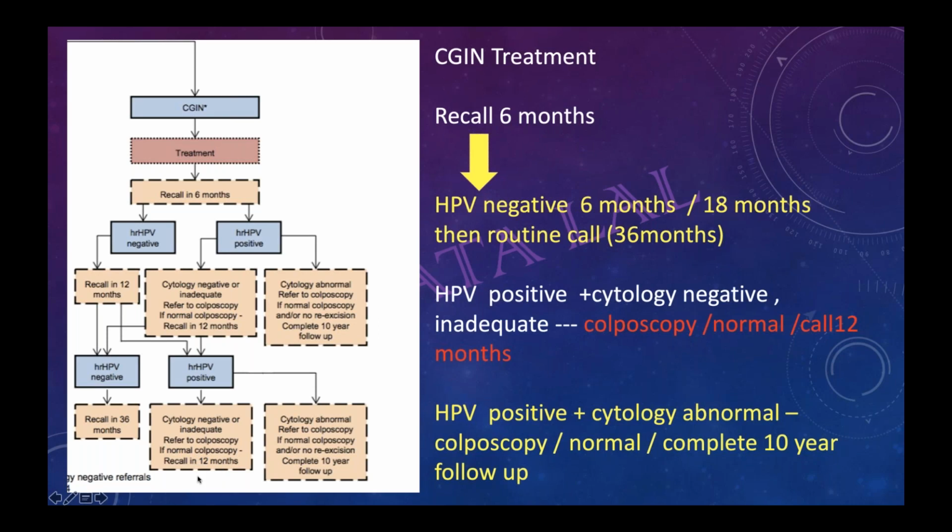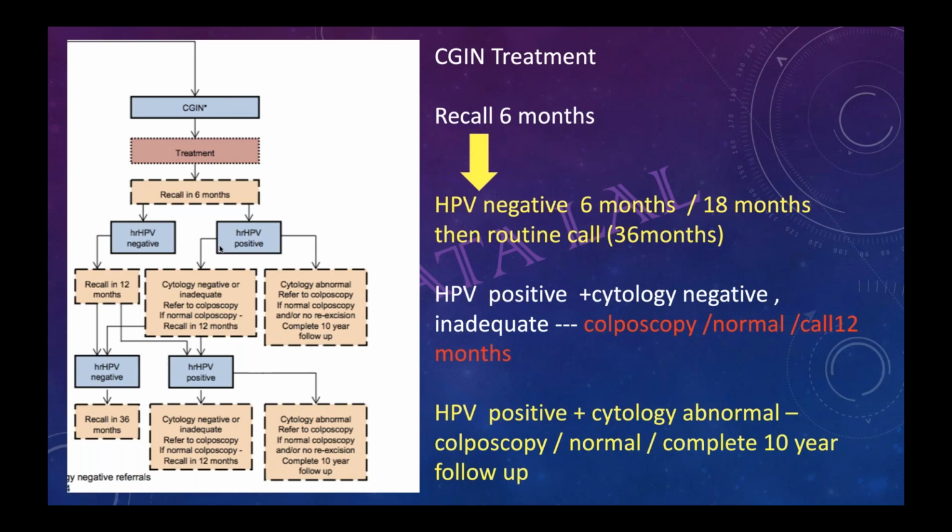So this process: they say that HPV usually takes up to 2 years to become negative. So if it is coming positive and the cytology is negative, you can suspect that you will get a normal colposcopy. If the colposcopy is normal, you are not sending this patient back.